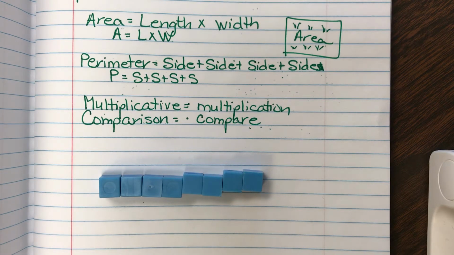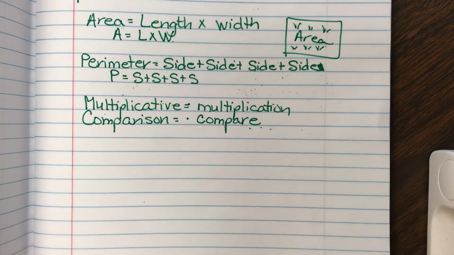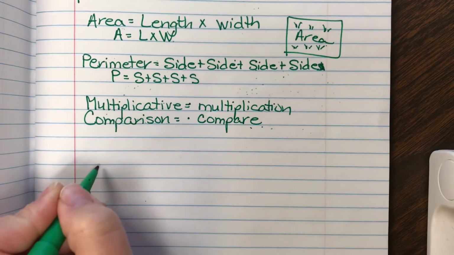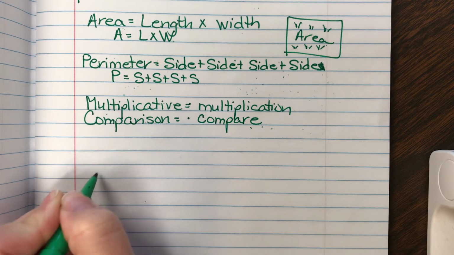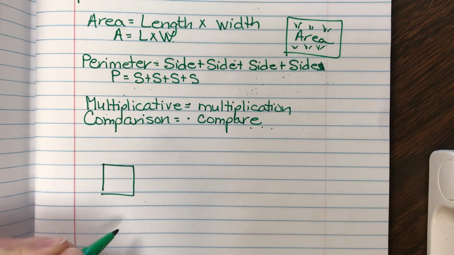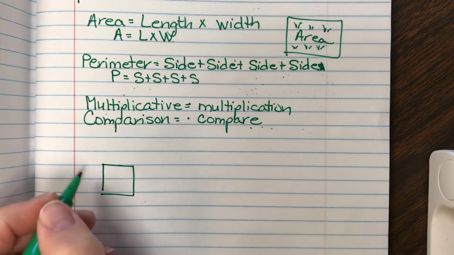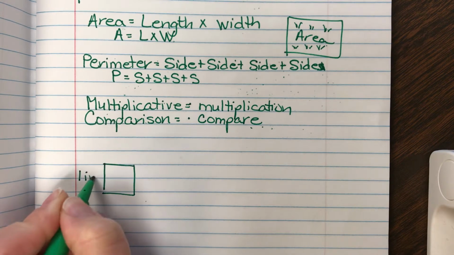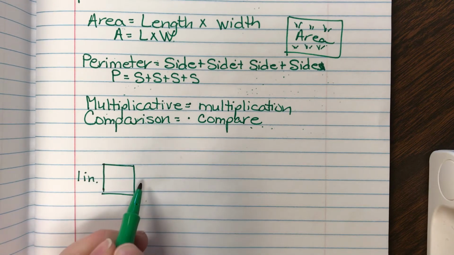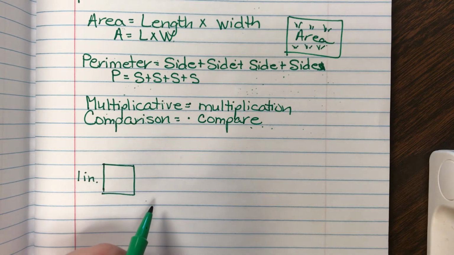So we're going to get some of these notes down into our journal, and we might bring these cubes back in just a little bit. We're going to start right here. If I'm going to have one rectangle, we're going to say that this rectangle is 1 inch wide. So we know it's 1 inch here, and then we also know it's 1 inch here on the other side.